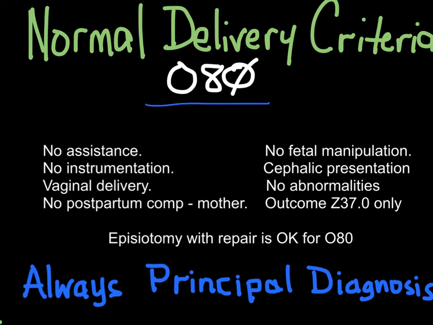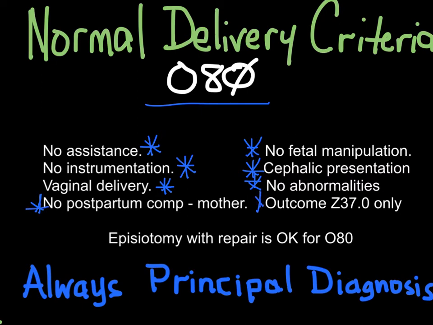But first of all, there must be no assistance with the delivery, no instrumentation, so no forceps or vacuum assistance. There must be a cephalic presentation, meaning head first, no fetal manipulation. It must be a vaginal delivery. There must be no abnormalities in labor or delivery. No postpartum complications on the part of the mother.